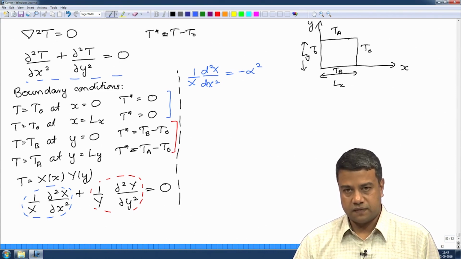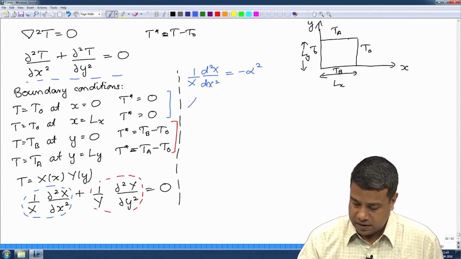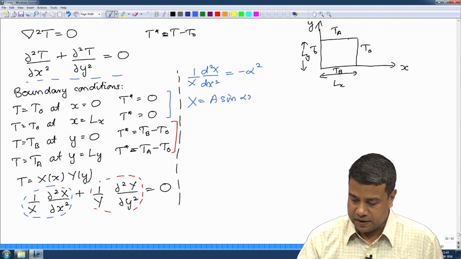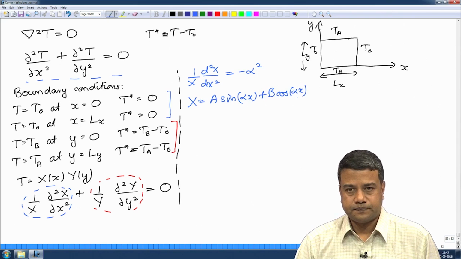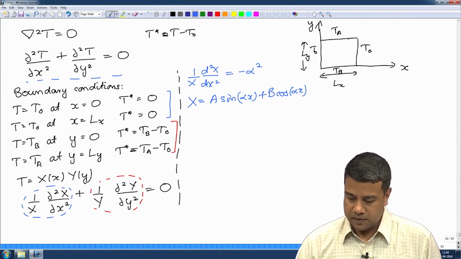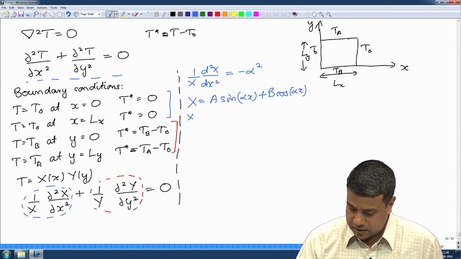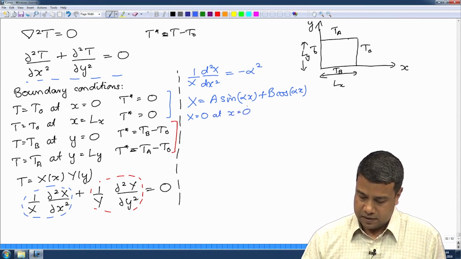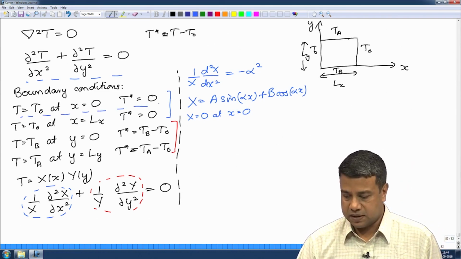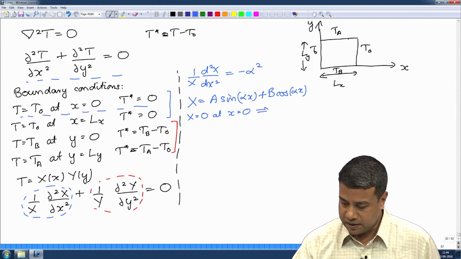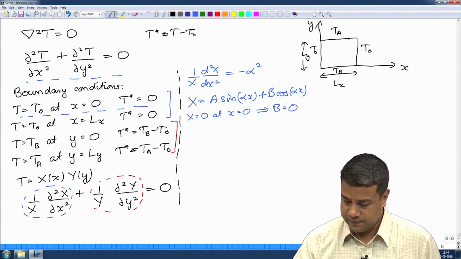In this case, if I solve this, I will get X is equal to a sin alpha x plus b cos alpha x. The requirement that X is equal to 0 at x equals 0, the first boundary condition, T star is equal to 0 at x is equal to 0, will give me that b equals 0.